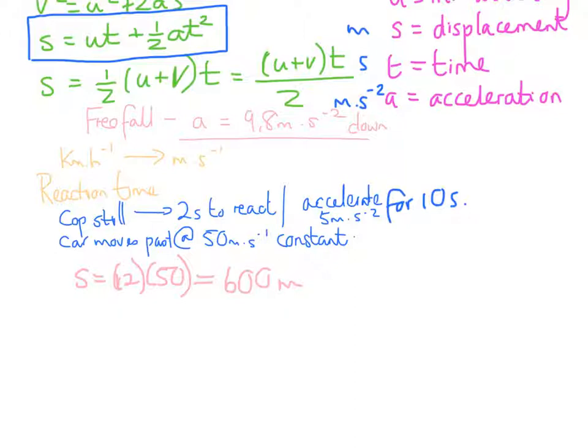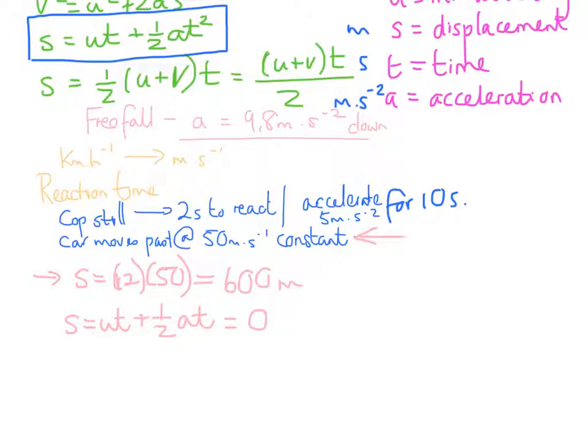So the car has moved 600 meters, the cop hasn't done anything, and then he's going to accelerate from rest. So S is equal to ut plus a half at squared. What's important to differentiate is that the car has moved at a constant velocity, so we use the simple equation of motion, S is equal to v times t. But the cop is moving at a certain acceleration, so his initial velocity is 0.